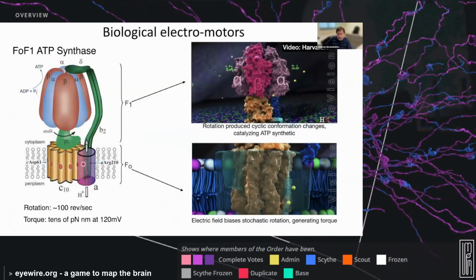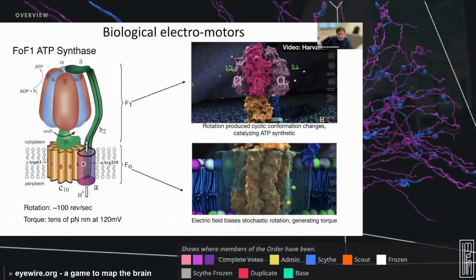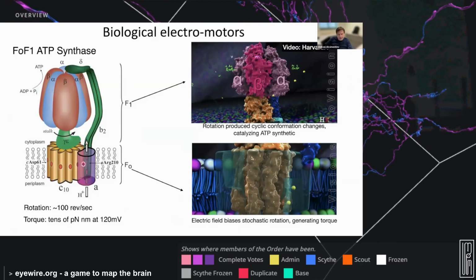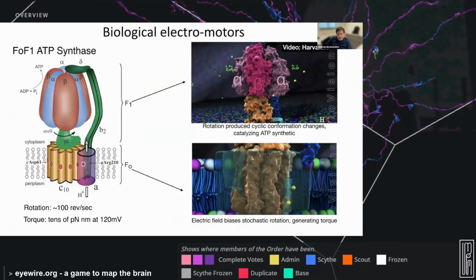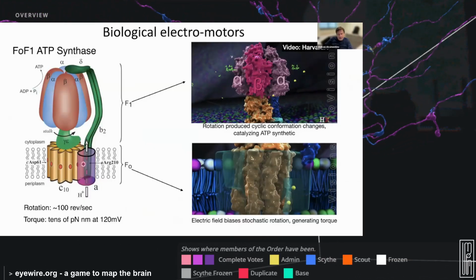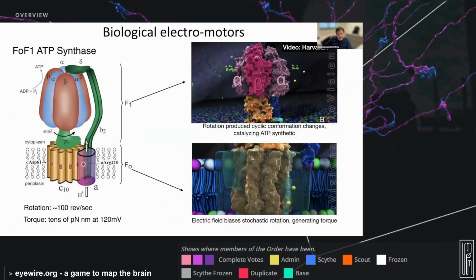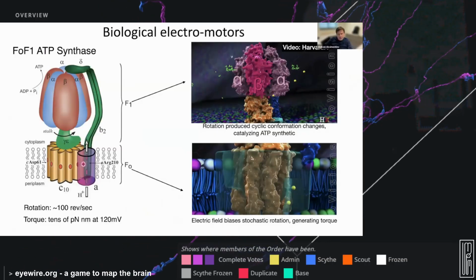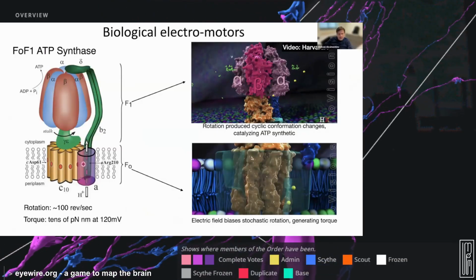Of course, perhaps the most spectacular membrane-embedded machine that is known to man is FOF1 ATP synthase, right? That's the protein complex that synthesizes the majority of ATP that is used to fuel all kinds of biological processes.